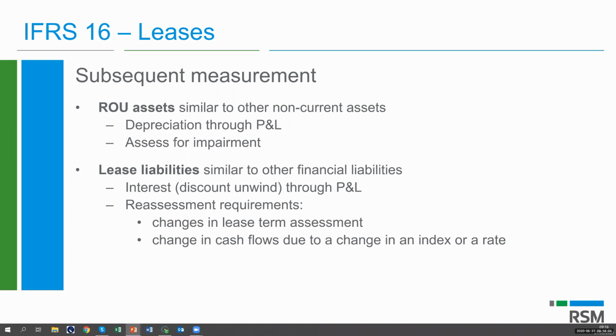Obviously you would reassess the lease liability if there are any changes in the lease term from the initial assessment, and then changes in the cash flows due to changes in the index that I said are included as variable payments. Once you know what that actual index or inflation number is, you would then reassess your lease liability.